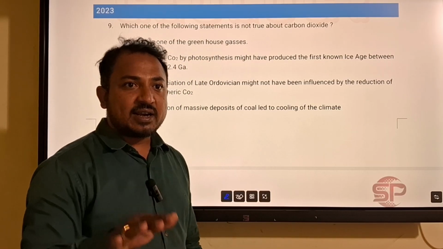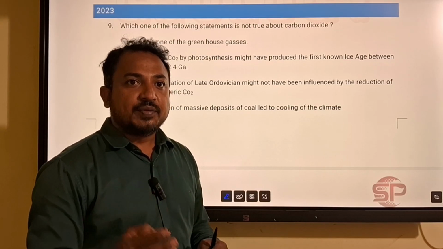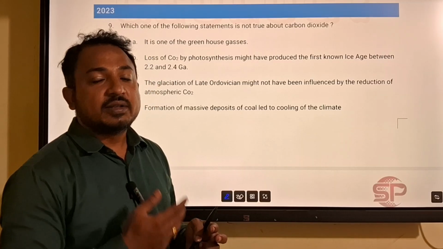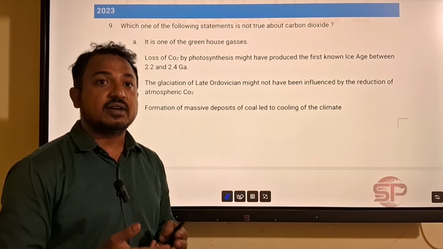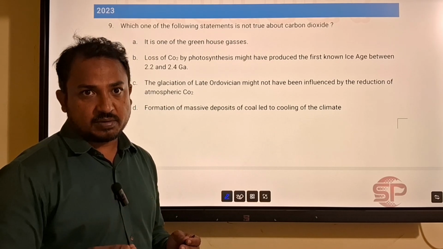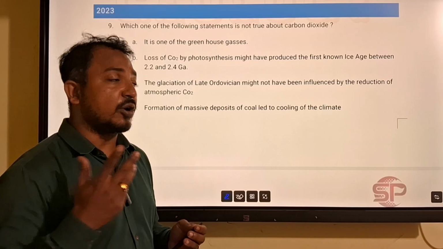That means anything that reduces carbon dioxide from the atmosphere produces a reverse greenhouse effect, where the heat cannot be trapped, because this is the gas that traps the heat within the atmosphere and increases the temperature, or warms, it will produce a warmer climate. But the absence of carbon dioxide will produce a colder climate.